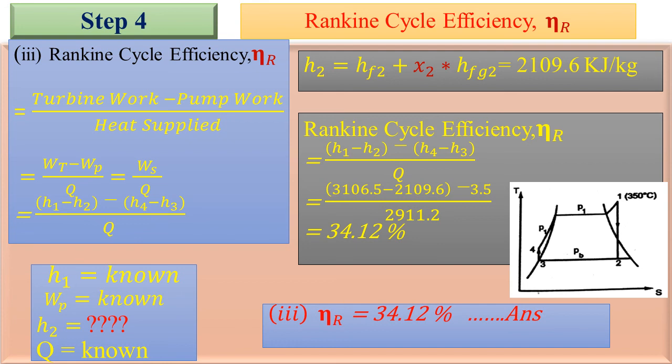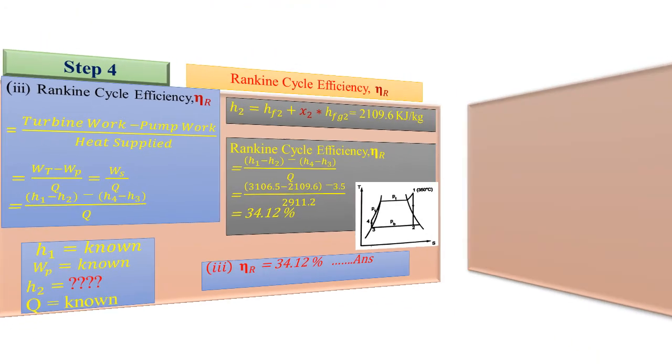To calculate it we need to know turbine work, pump work and heat supplied. Its meaning is that we need to know enthalpies at the inlet to the turbine, exit of the turbine, inlet to the pump, outlet of the pump, and heat supplied. Final answer: Rankine cycle efficiency is 34.1 percent.